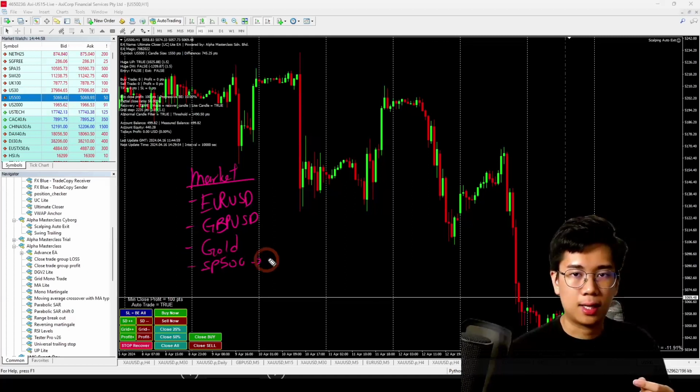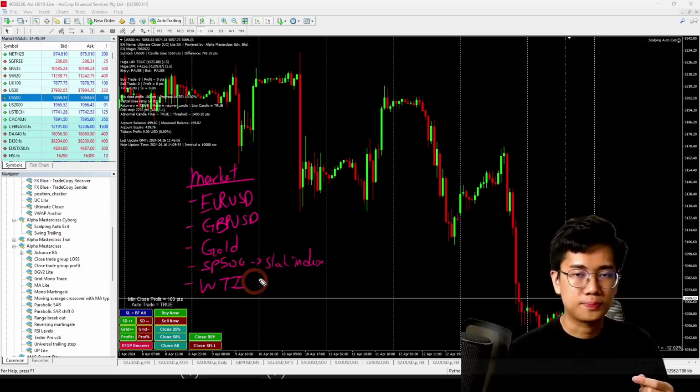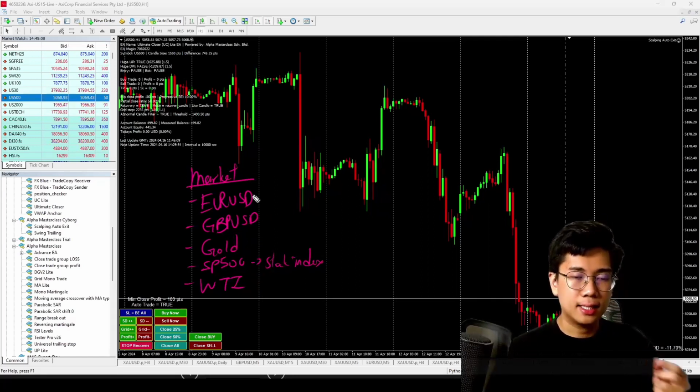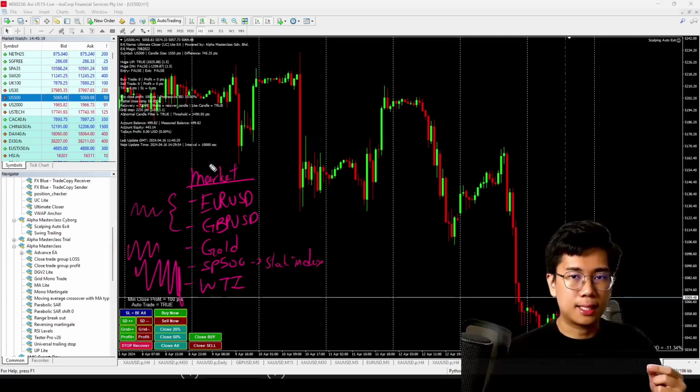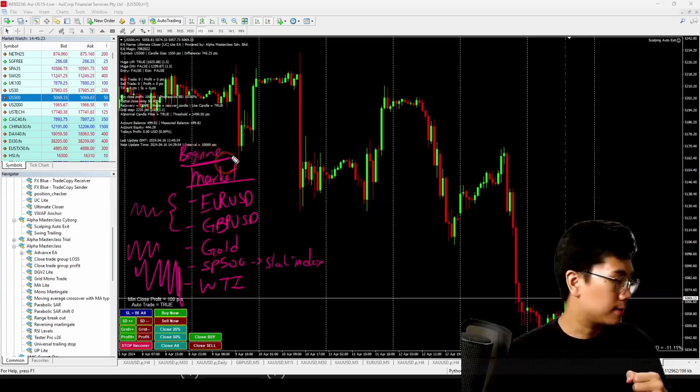This is more like stock indexes. And then lastly go to crude oil. So the logic here is that this is less volatile, easier to trade. This one is getting higher and higher, right? So these are the markets that are beginner friendly. So let's think about these five markets.